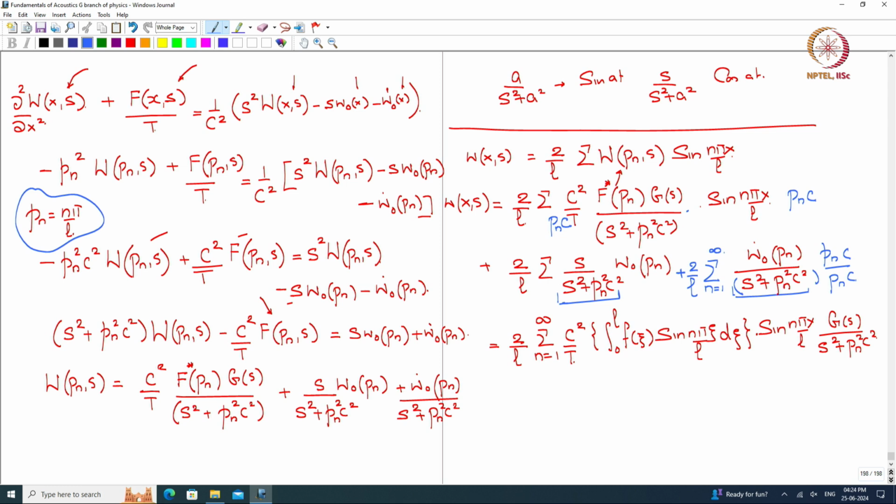Okay. So this is one level that is equal to this.